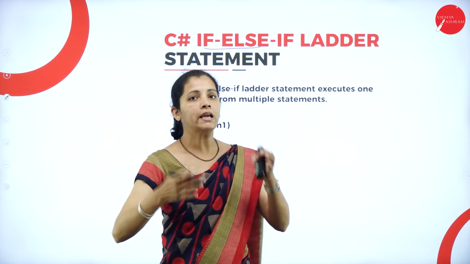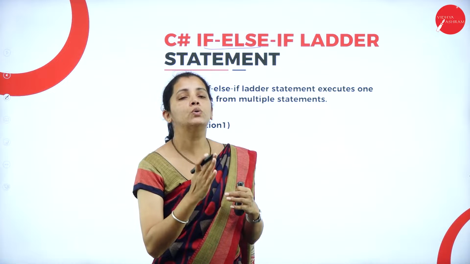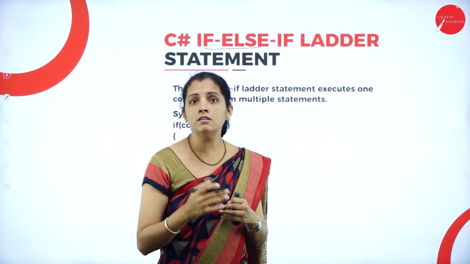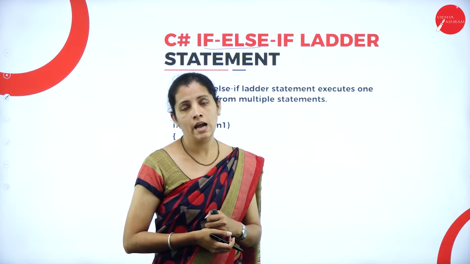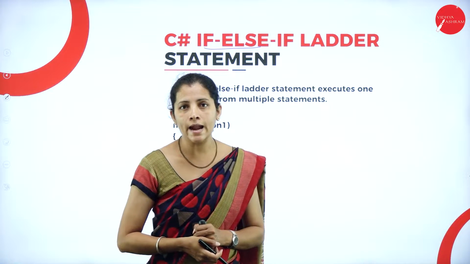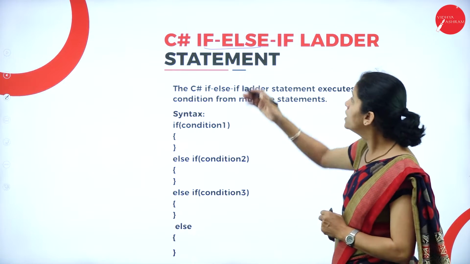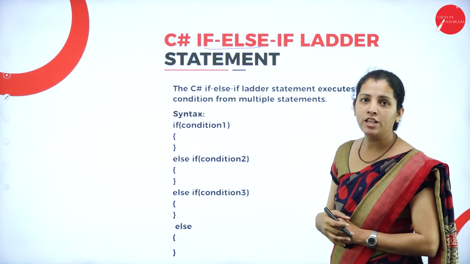That means inside one if statement, I am able to have another if statement, and it is known as if else if ladder, and it's also called by the name multi-way branching.